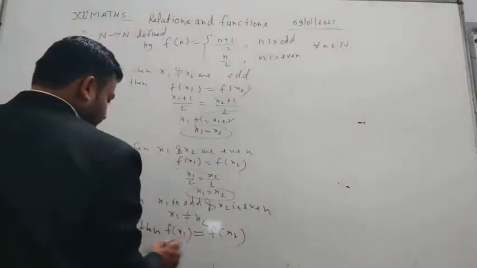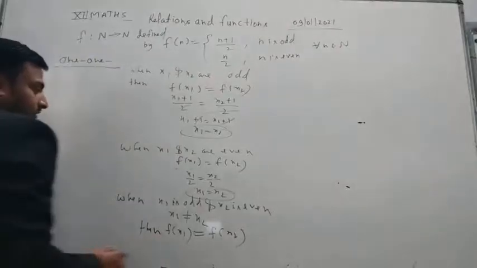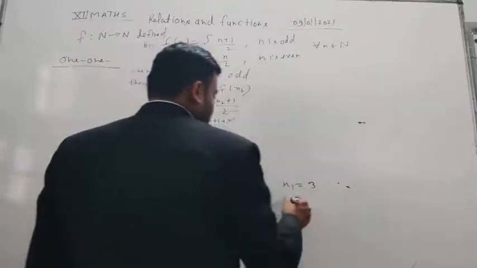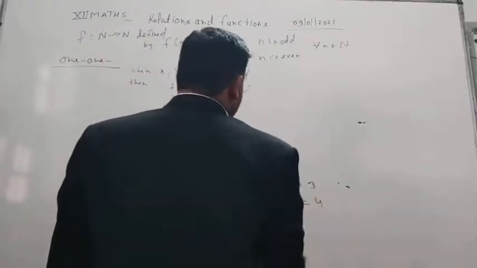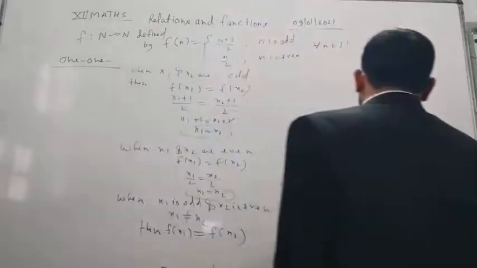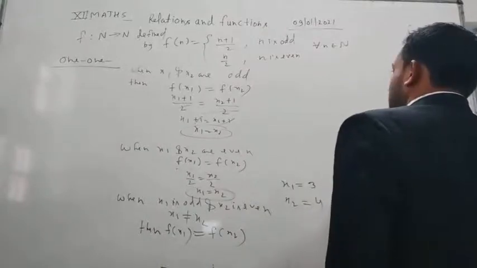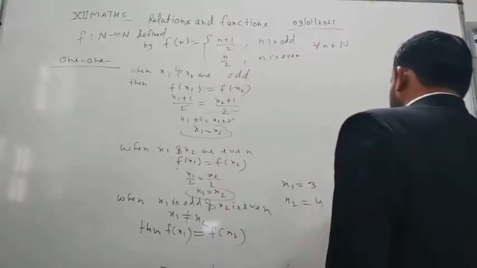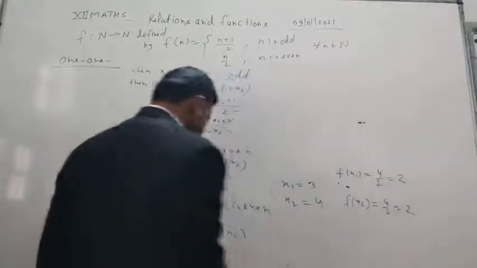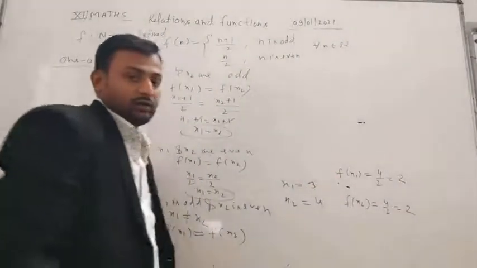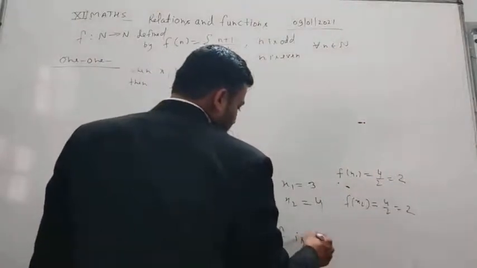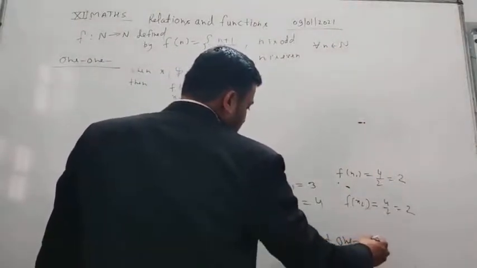Suppose x1 is odd, which is 3, and x2 is even, which is 4. Then f(x1) is what? 4 by 2, that is 2, and f(x2) is 4 by 2, that is 2. So we see that f(x1) is equal to f(x2). So in this way we can say that our function is not one-one.